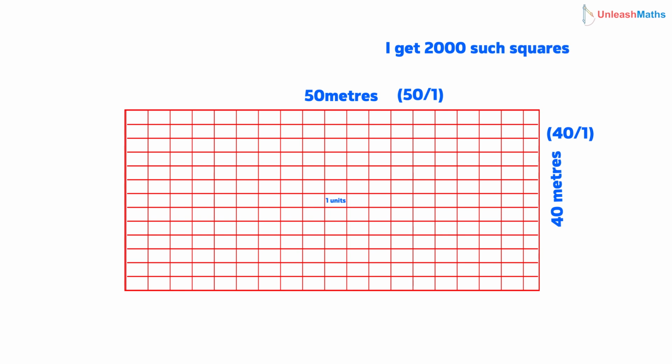So the area of my plot is 2000 square meters. But instead of counting all the squares, I can just multiply the length, that is 50 meters, and breadth, that is 40 meters, to get the area of 2000 square meters. And thus the area of a rectangle is the length times the breadth.